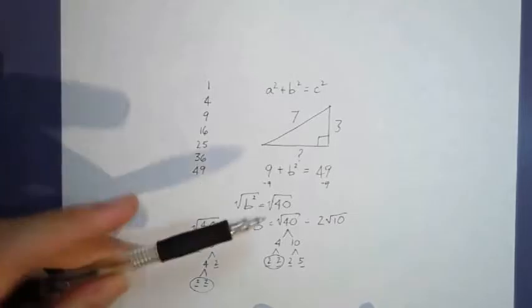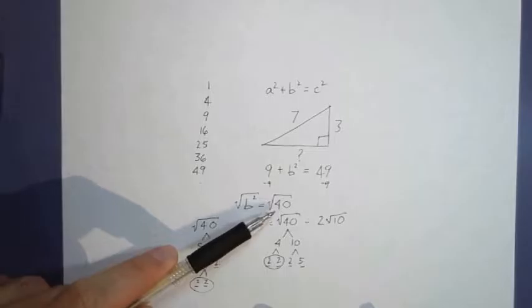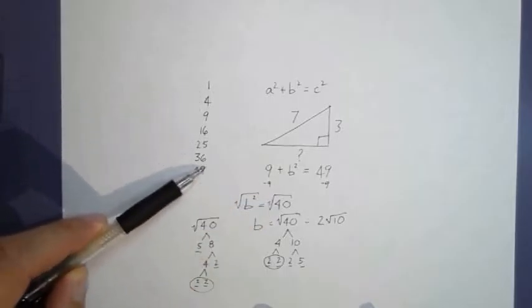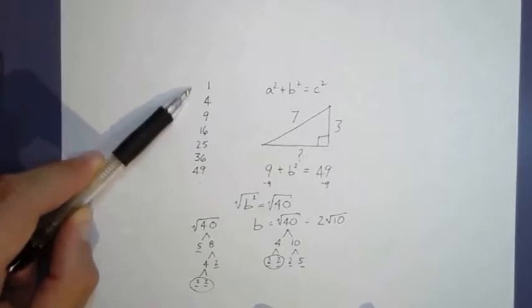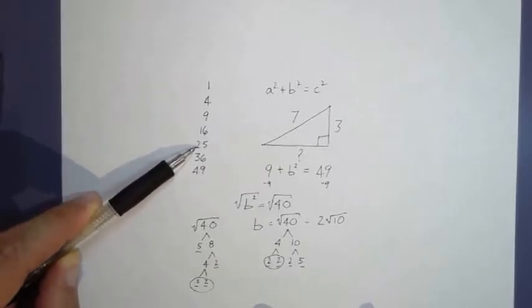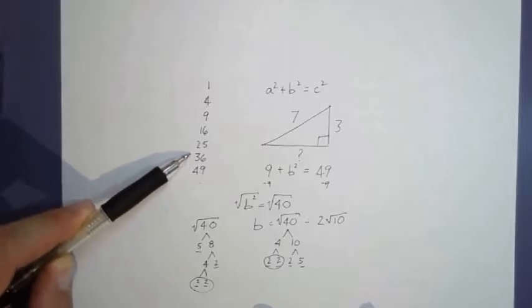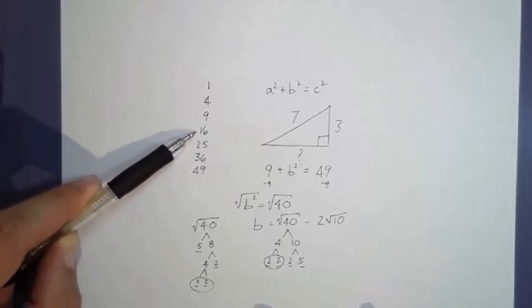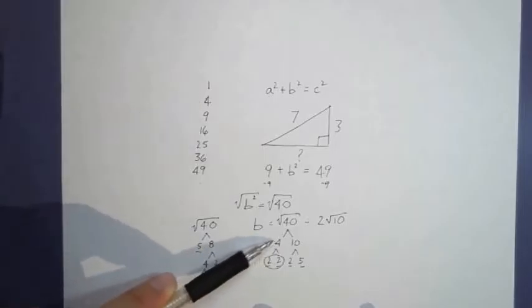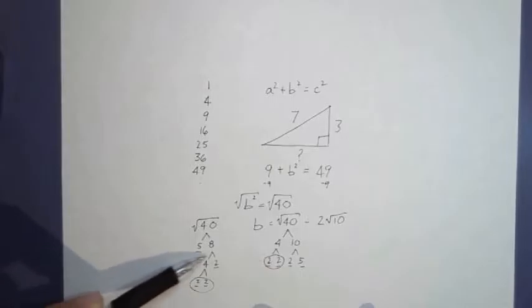The other way is to look at 40 and ask what goes into 40. Looking from 36 and smaller, are any of these perfect squares a factor of 40? 36 is not, 25 is not, 16 is not, 9 is not. I see 4 is a factor of 40, and we saw that as I broke it apart both here and here, we saw the 4.